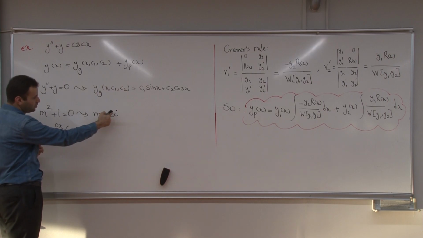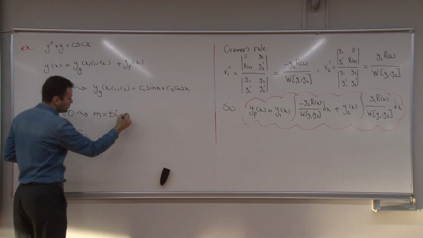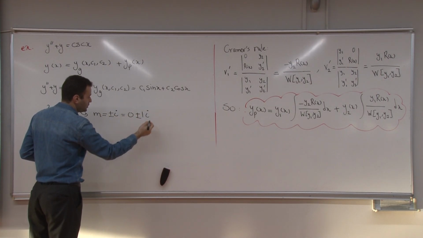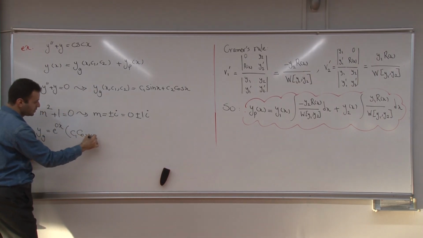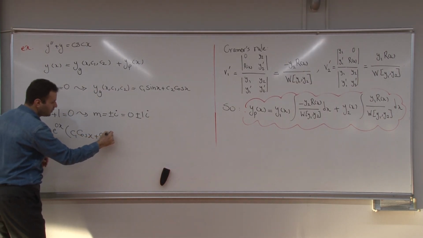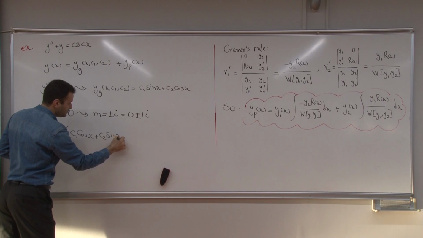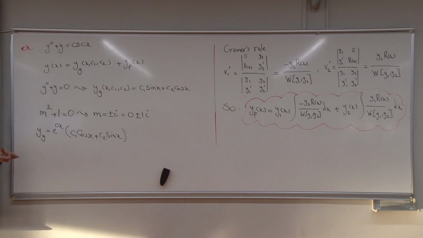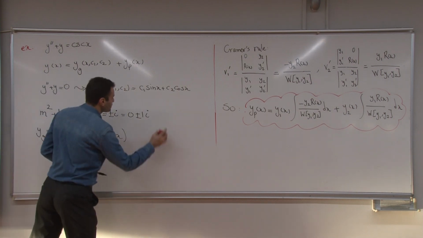B is 1, A is 0. So c1 cosine of x plus c2 times sine of 1x. That's it. You see? You just need to understand what type of equation you have.